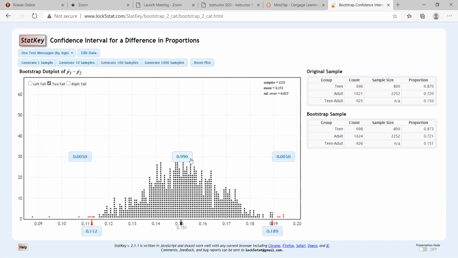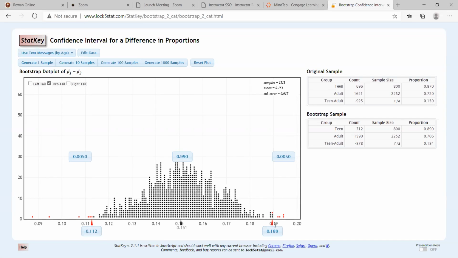We would say we're 99% confident that the true proportion of teens who use text messages is between 11.2% and 18.9% higher than the proportion for adults, right? So that's the way we would say it.